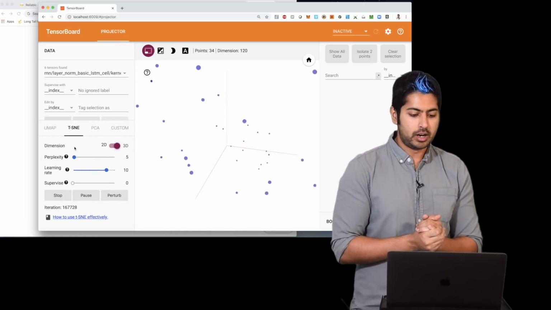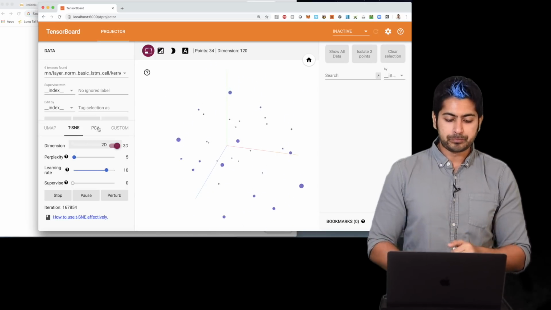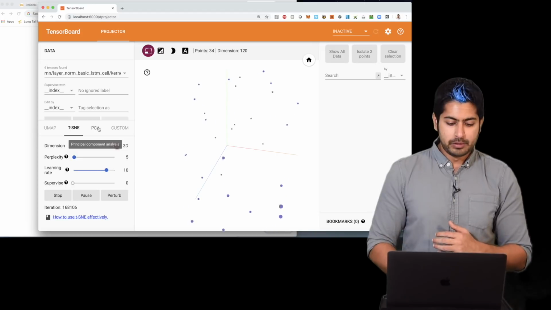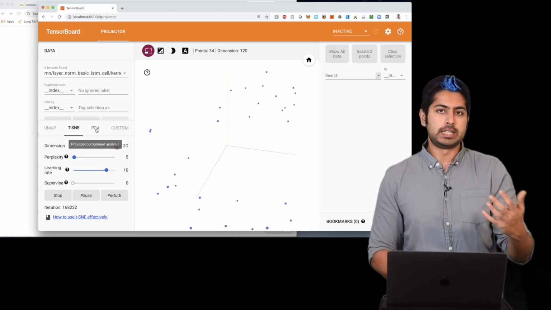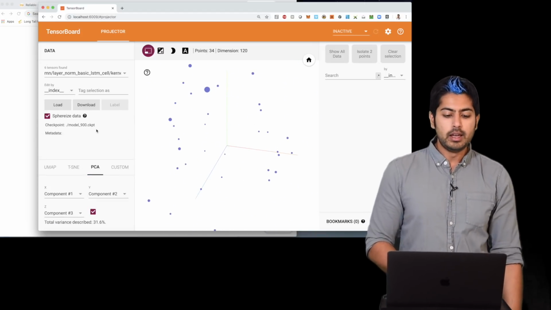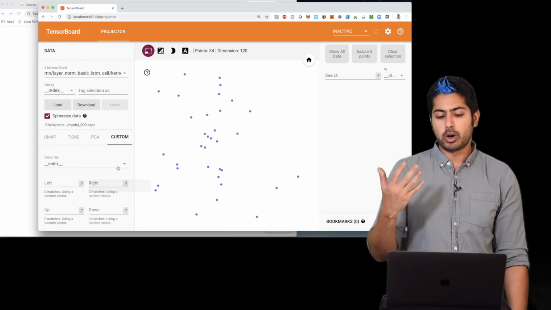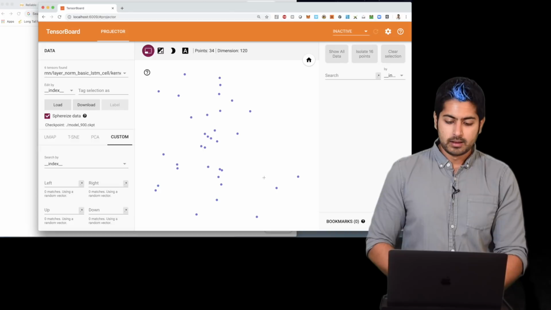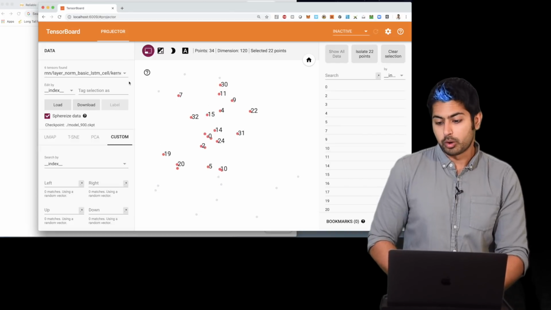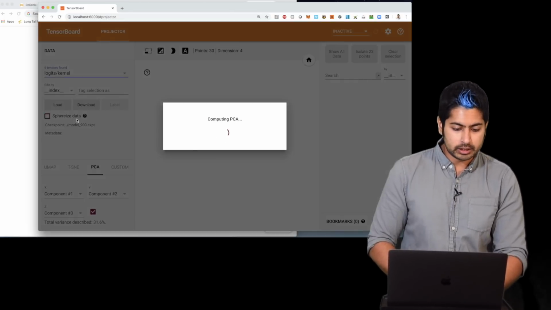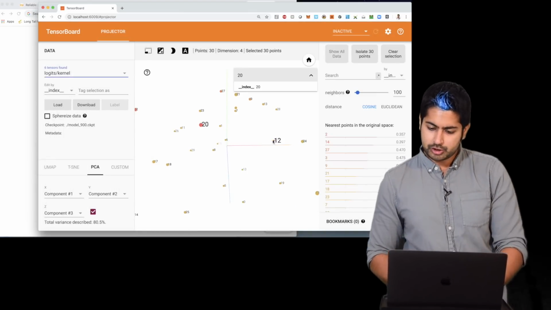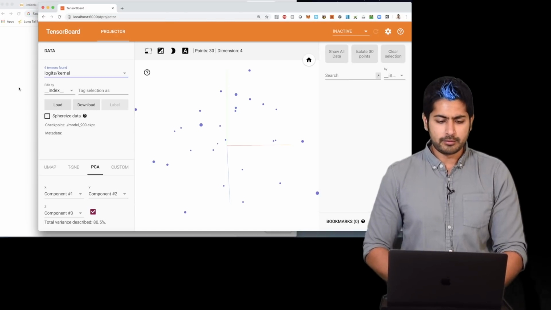We can run a bunch of algorithms for dimensionality reduction to make it easier for us to visualize. Right now it's performing t-SNE. We can perform PCA, principal component analysis. There's a lot of different algorithms we can run here. Which is cool. We can look at the data in this way. We can look at the different layers, go inside, and then do different things with them. But I just wanted to show you TensorBoard very briefly.